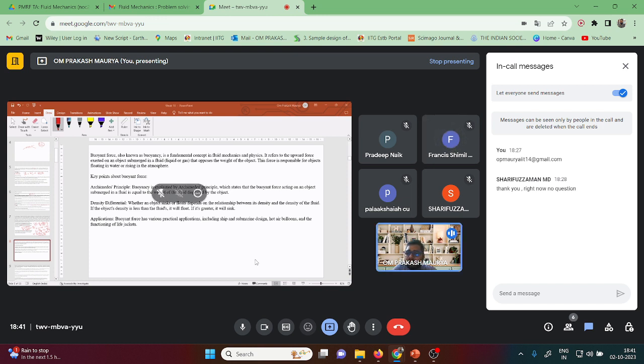Now we'll move on to your next doubt, the buoyant force. You know the Archimedes principle. One line I have written, a very simple thing: the buoyant force, also known as buoyancy, is a fundamental concept of fluid mechanics and physics. It refers to the upward force exerted on an object submerged in the fluid.